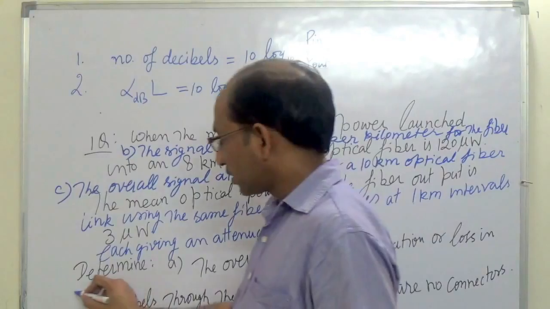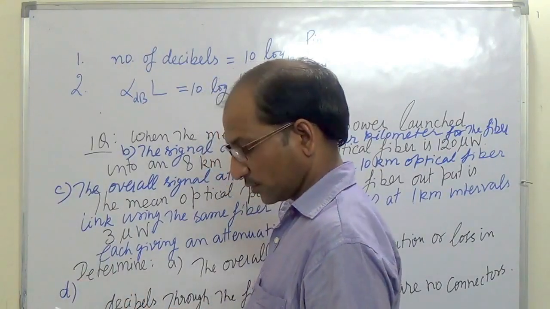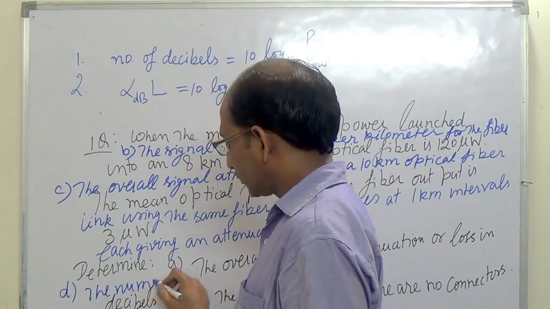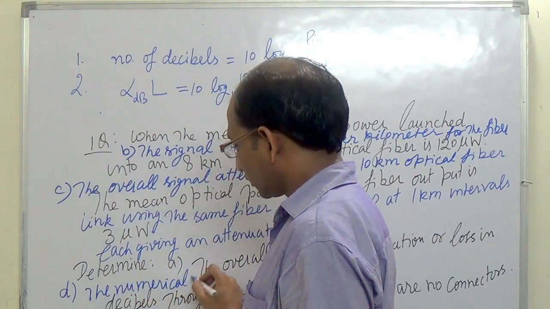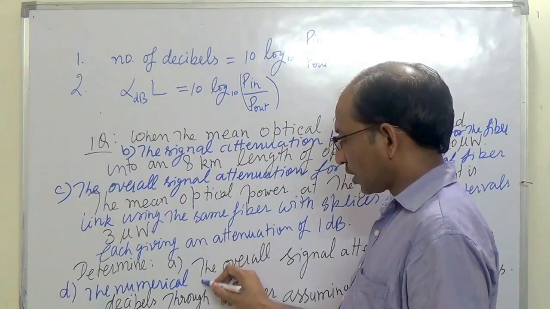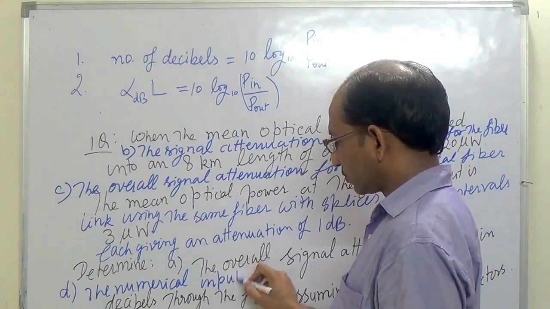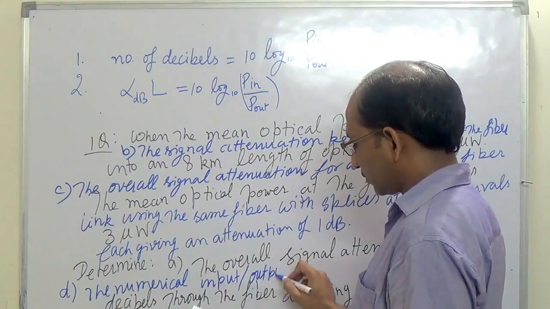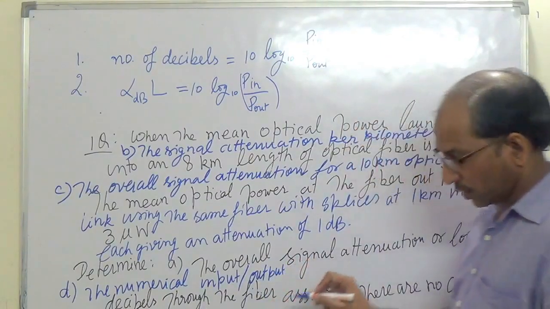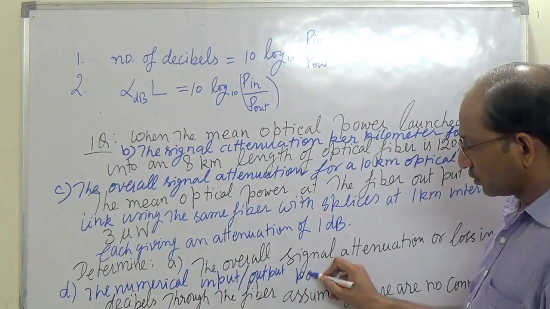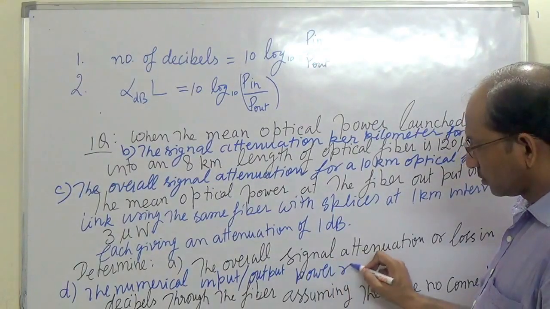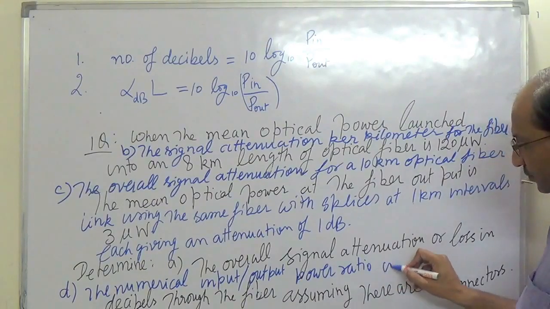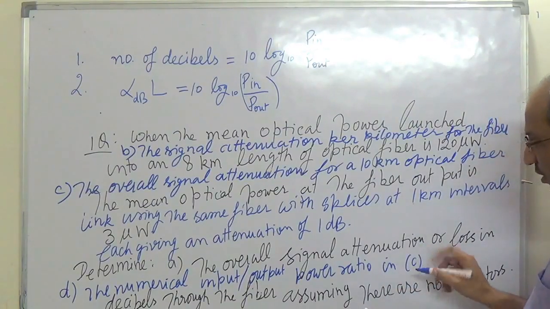And the fourth part, D part, is the numerical input output power ratio in case of C, the third part.